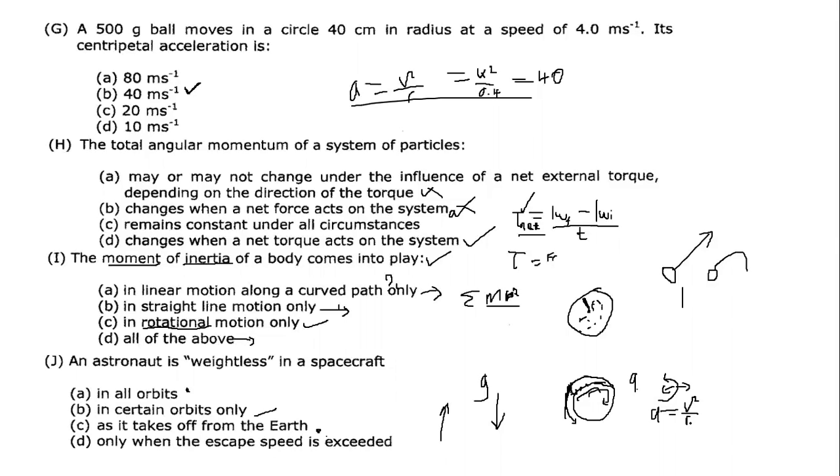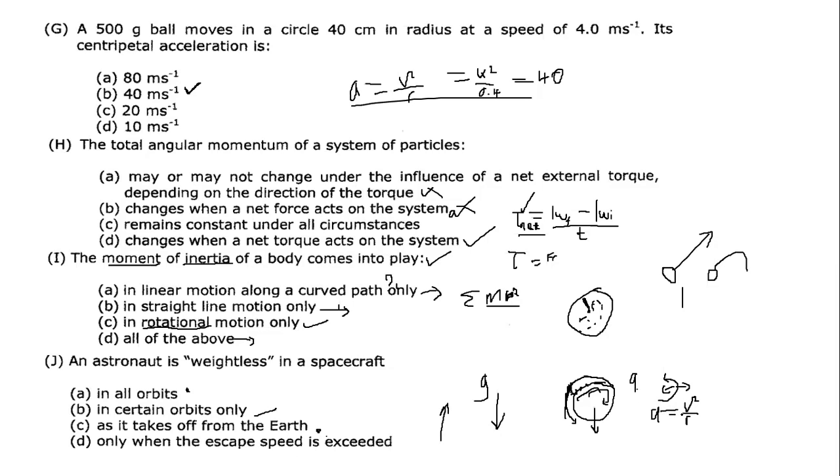So this r can be any radius from the center of the Earth, as long as you keep a certain velocity. For example, if your radius is 5 meters, what will be your velocity such that you reach a centripetal acceleration equal to 9.8?